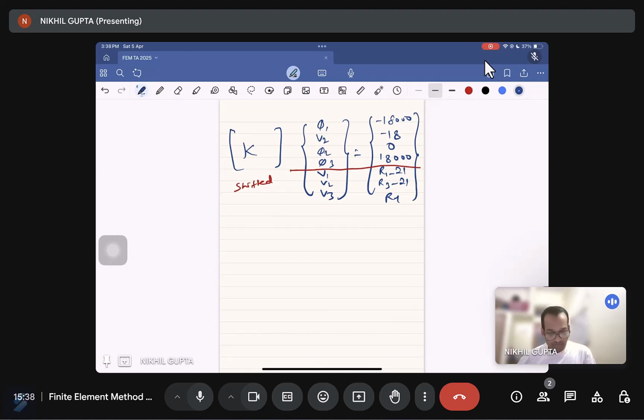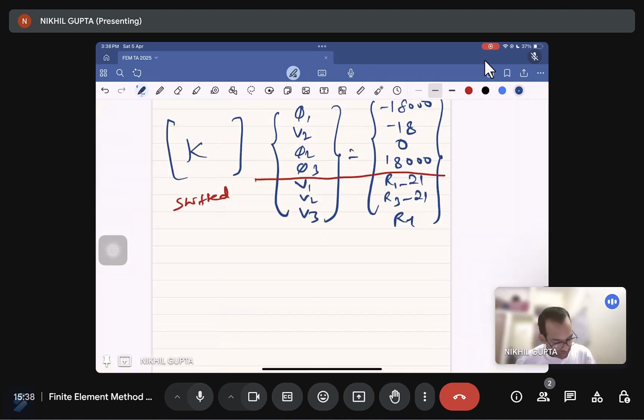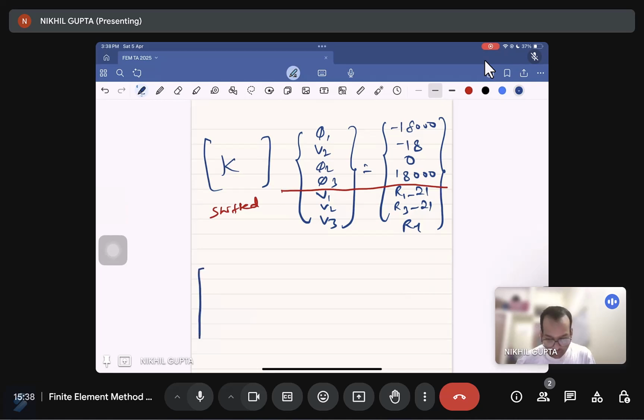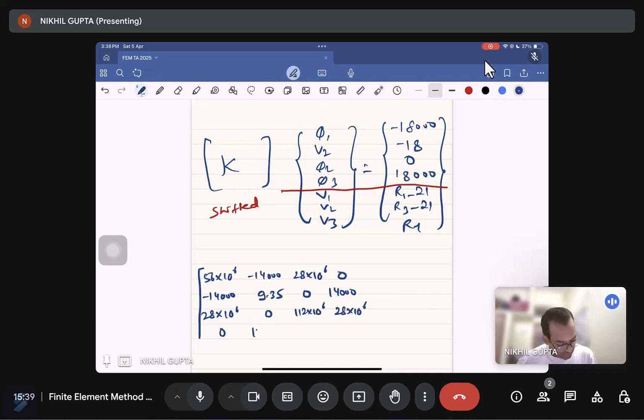So to solve this, you have to take the unknown displacement first. So when you will write K reduced for the unknown displacement, it will be 56 into 10 power 6, minus 14,000, then 28 into 10 power 6, 0, minus 14,000, 9.35, 0, 14,000, 28 into 10 power 6, 0, 112 into 10 power 6, 28 into 10 power 6 and 0, 14,000, 28 into 10 power 6, 56 into 10 power 3.